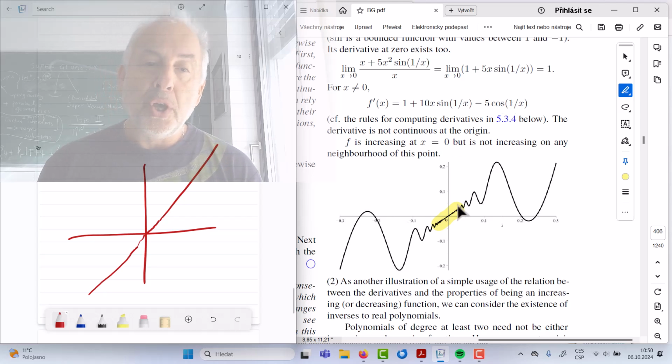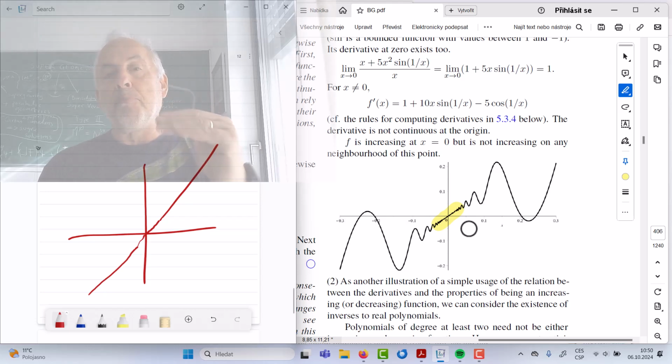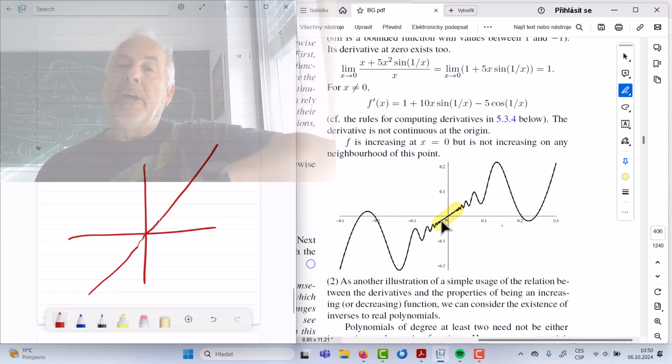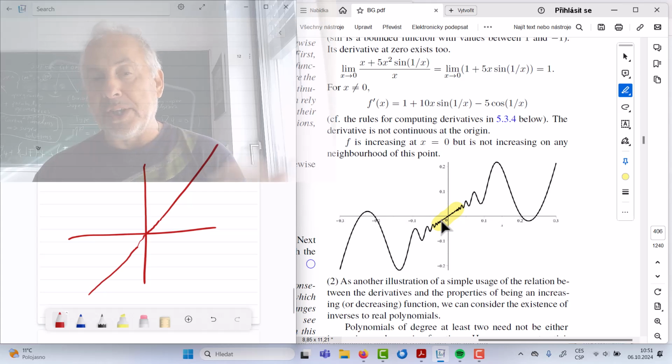And so you see on this neighborhood of 0, the derivative will be jumping from plus to minus faster and faster. So definitely f can't be increasing on any interval around 0, right? Because the derivative would tell that you are growing and, well, increasing, decreasing all the time, right?